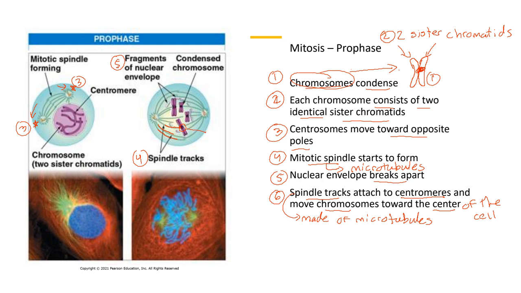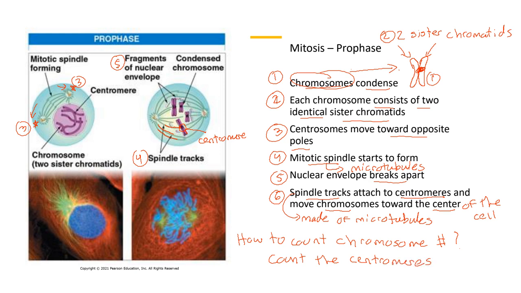And remember, how do you count chromosomes? Count the centromeres. Okay, so if I go to my picture over here, I can count 1, 2, 3, 4 centromeres.